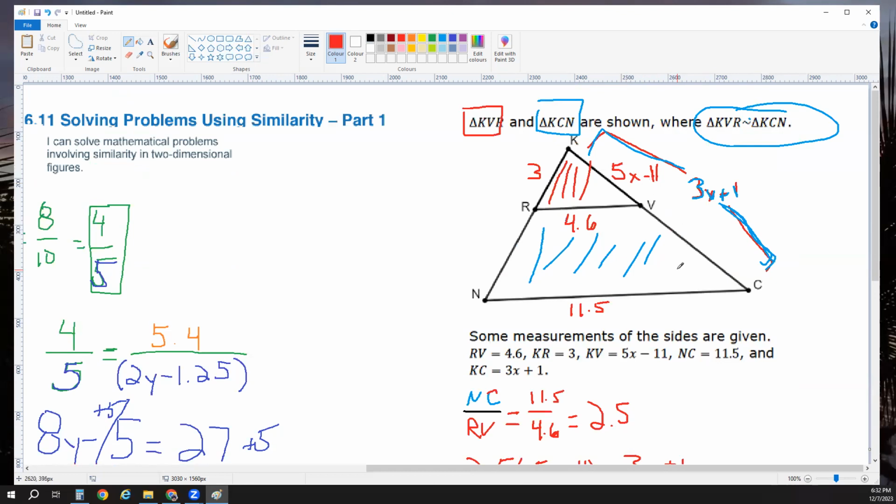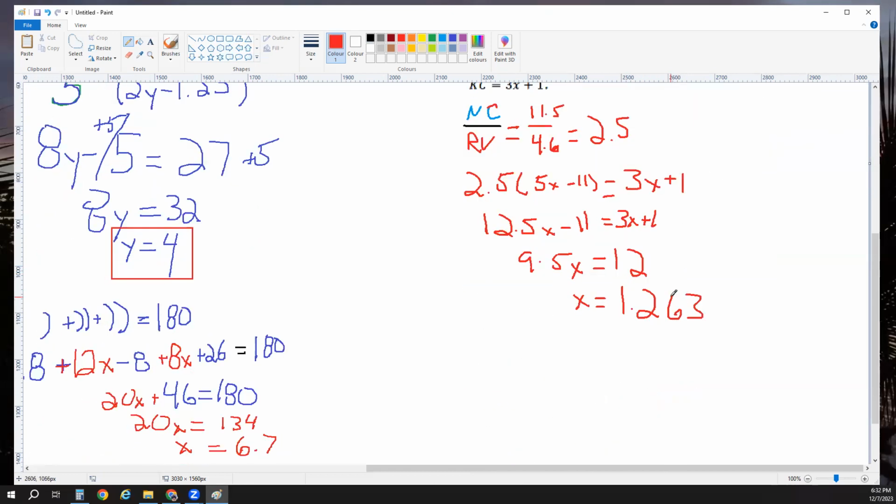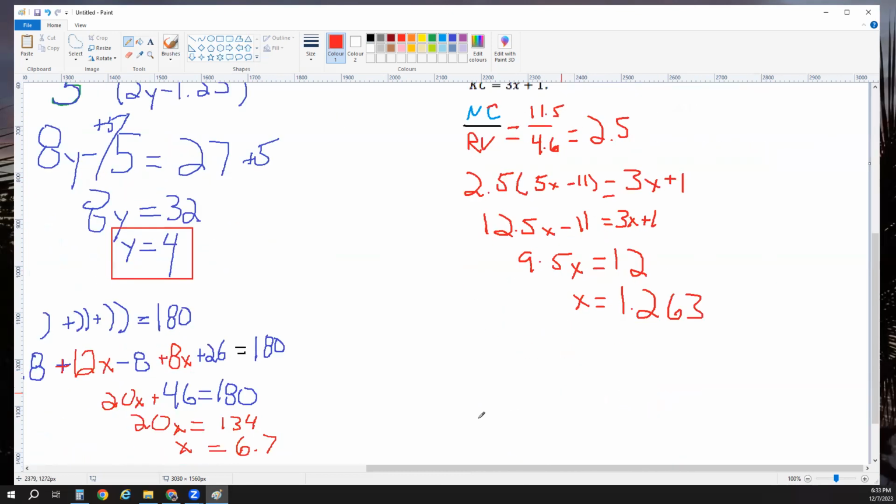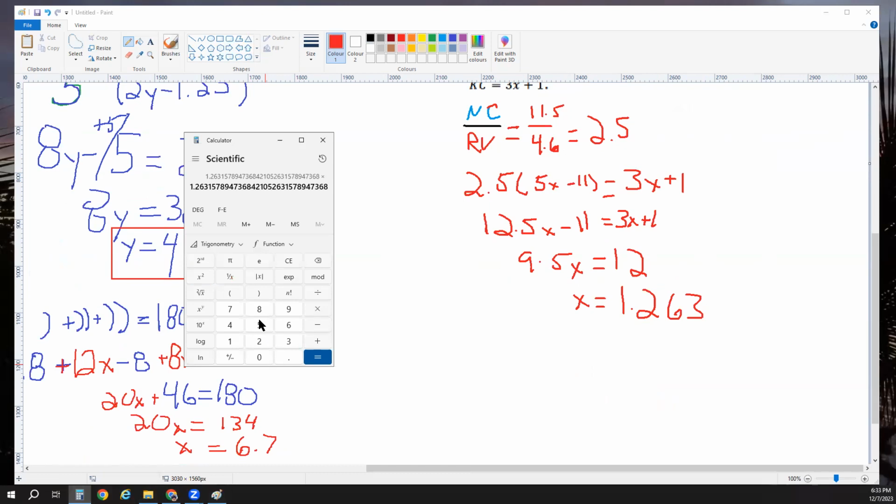1.263 for x. Okay, so now we'll put 1.263 into here. 5 times 1.263. Multiply that by 5, and subtract 11 from that.